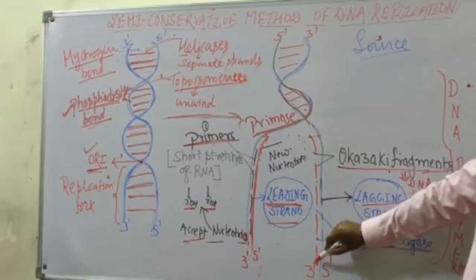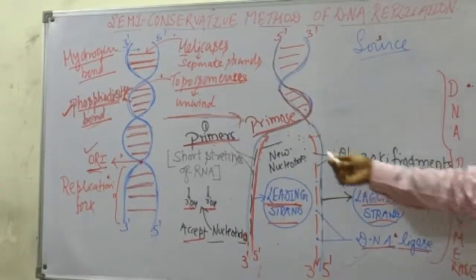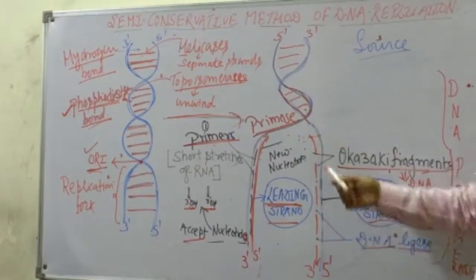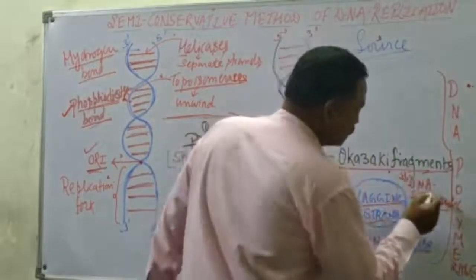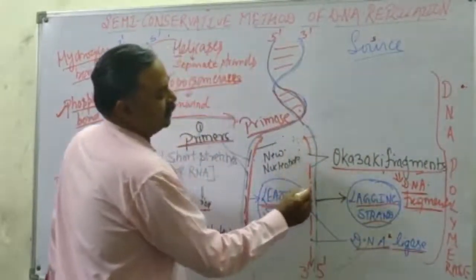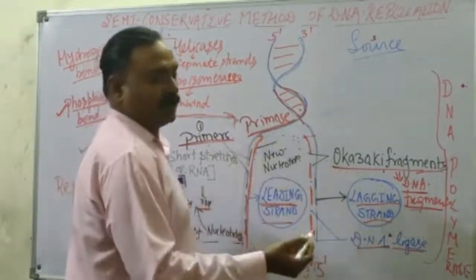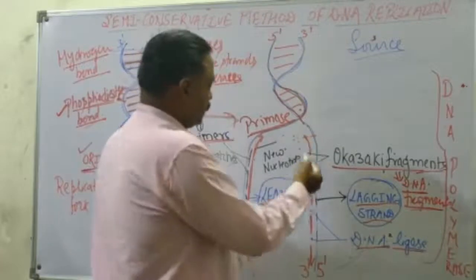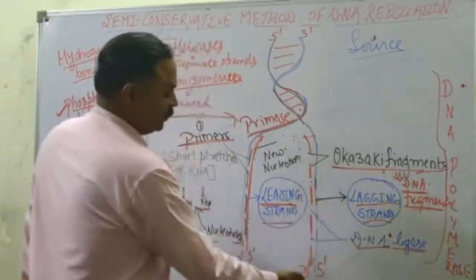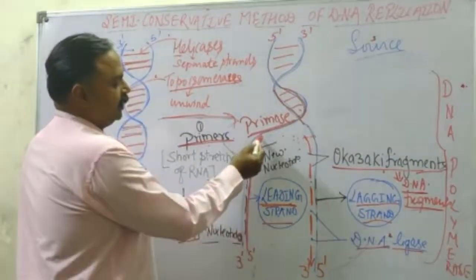This strand is called the lagging strand, on which Okazaki fragments help in the formation of the new DNA strand. These Okazaki fragments are small DNA fragments. And here the replication of DNA always occurs from the 5' end towards the 3' end.